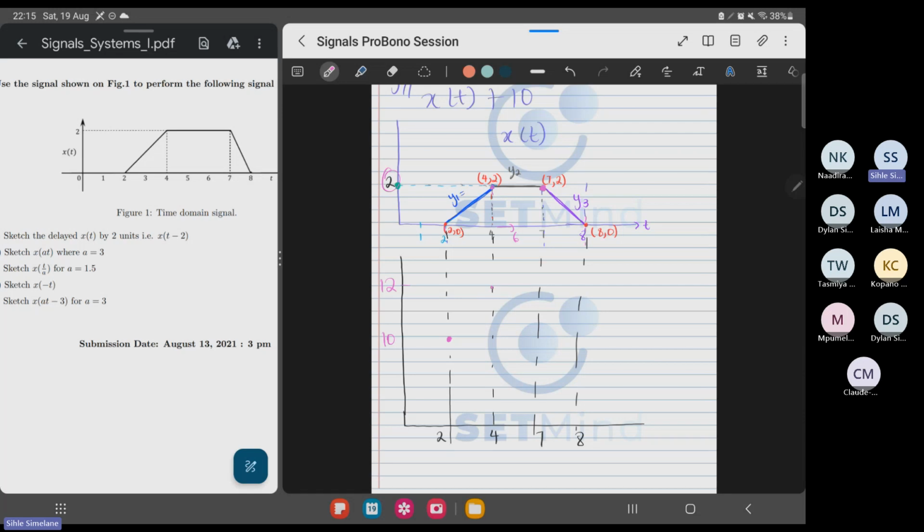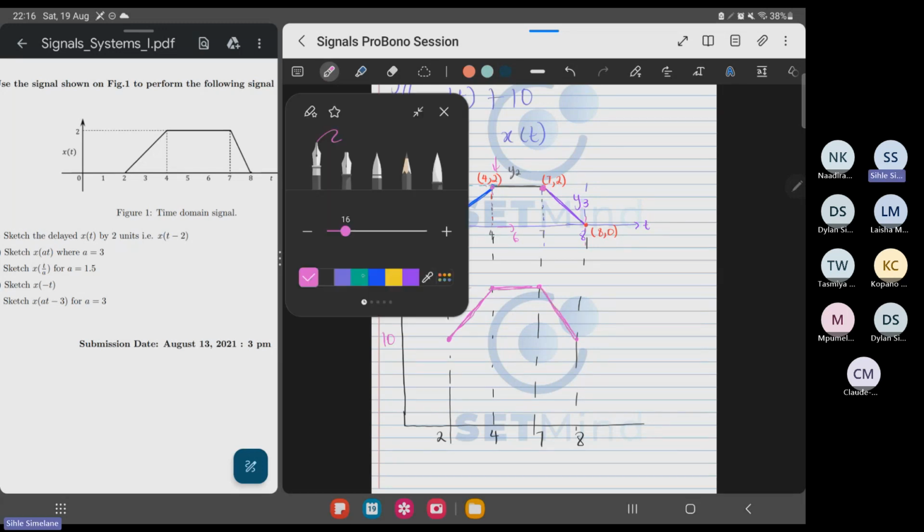When we shift every point up by 10, you only change the y. So if the y was 2 here, when you add 10, it becomes 12. And then it comes here, and then the last point will be here. So my new graph would look like this. It goes there, and then it goes down here.